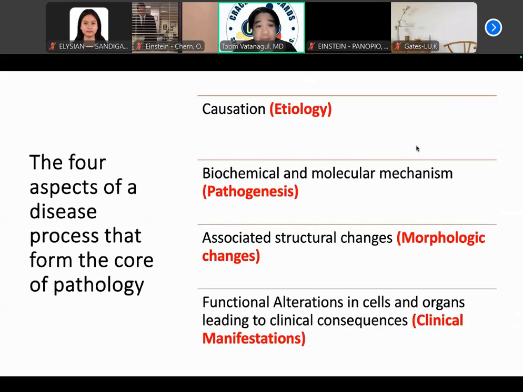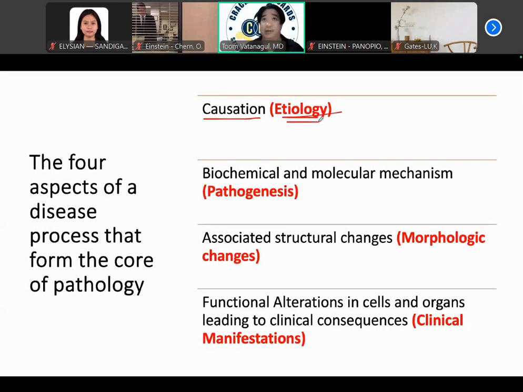When we talk about the core of pathology, there are actually 4 aspects of a disease that form the core of pathology. This would include causation, which actually refers to the etiology.